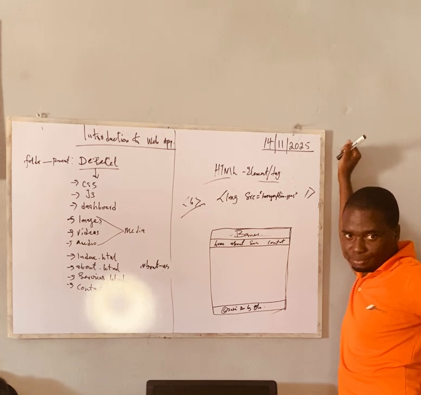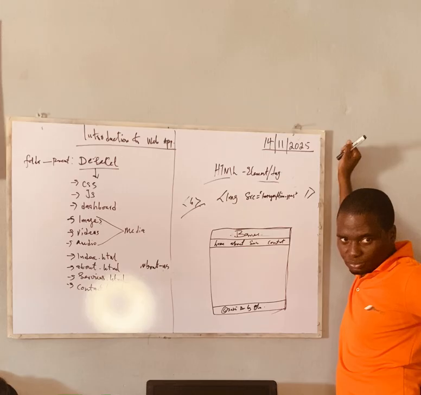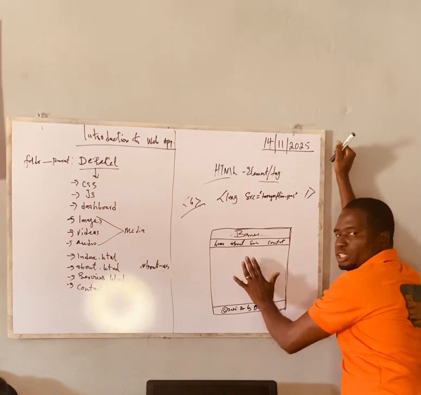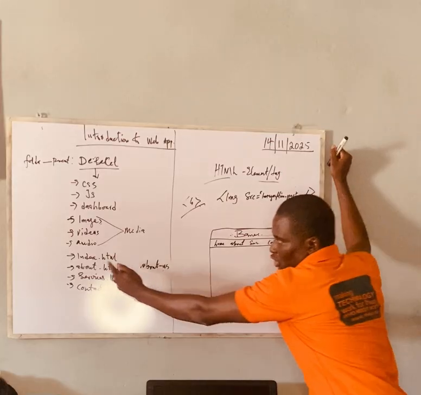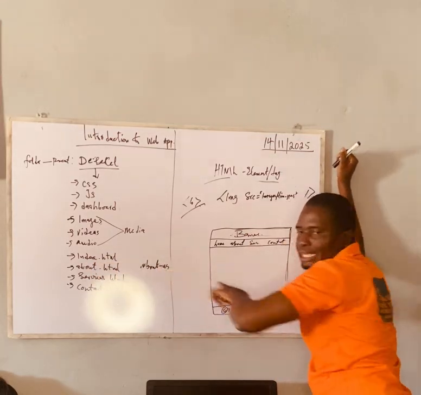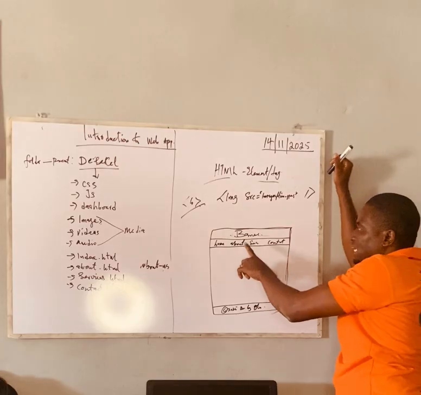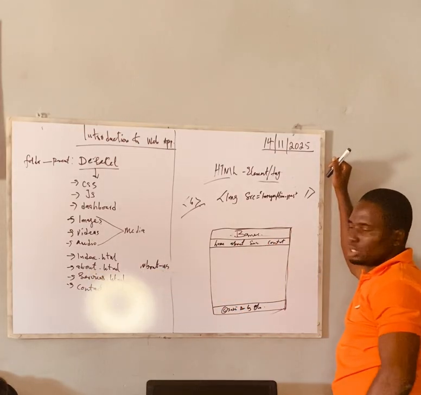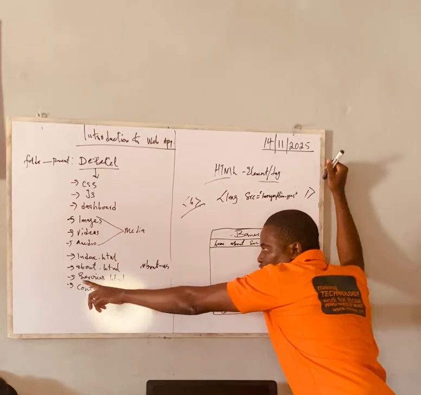Are we together? Any question? If you click home, information about home will be displayed. So if I click home, I am at index.html. If I click this one, I am at about. If I click this one, it will display.